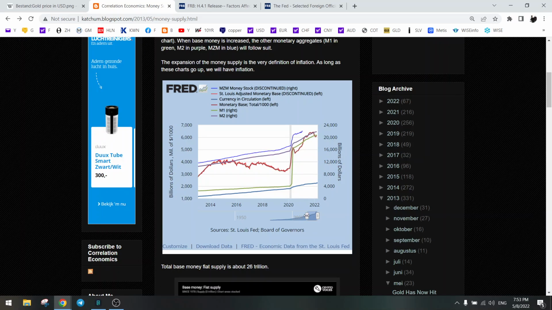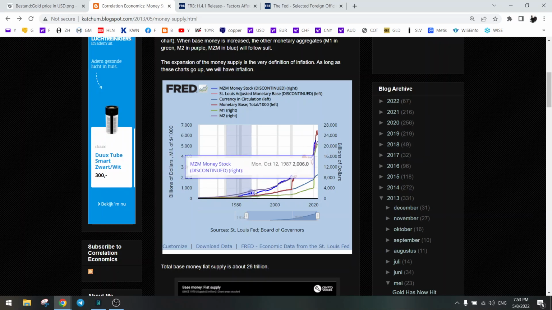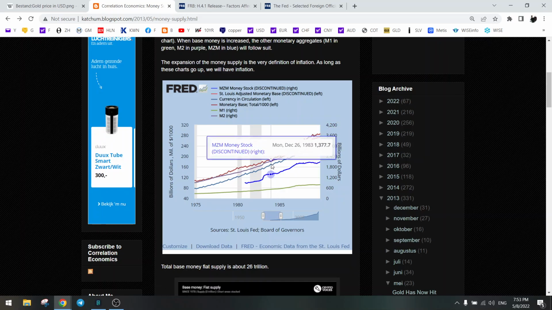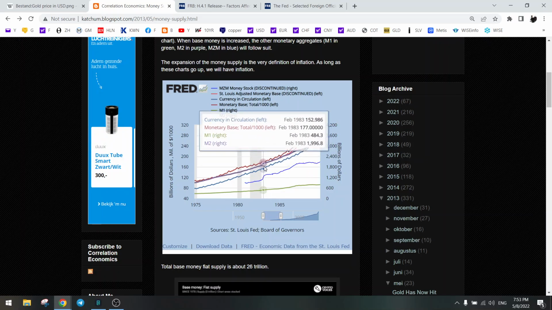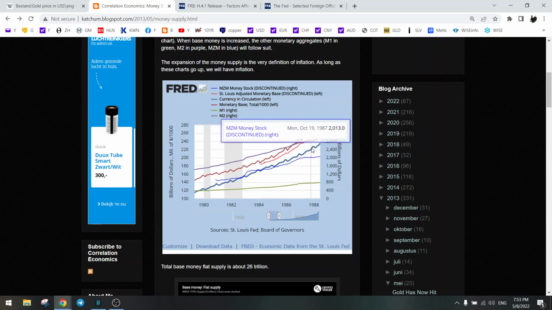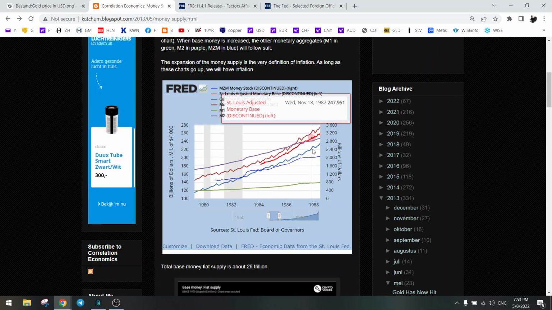And let's see what it was in 1980. It was around, if I can get this chart here, let's zoom in a bit more. I want this line. It's making it very difficult for me.